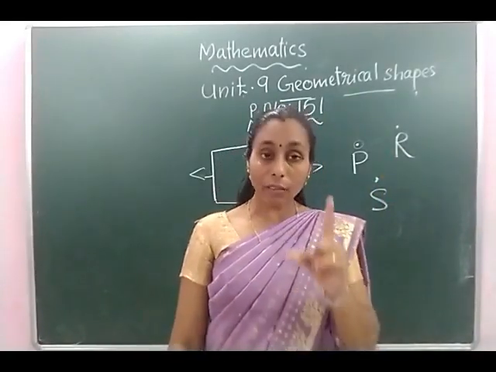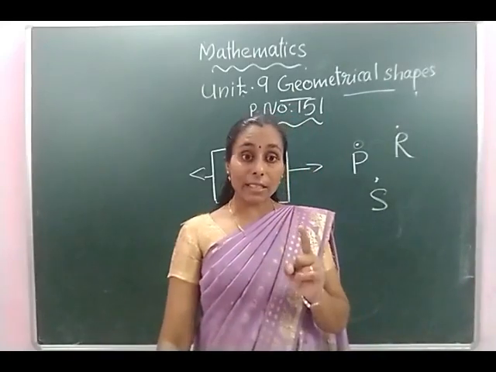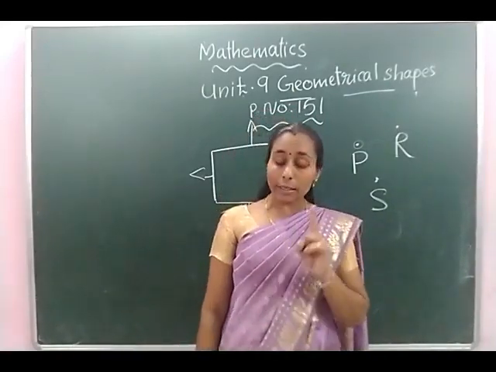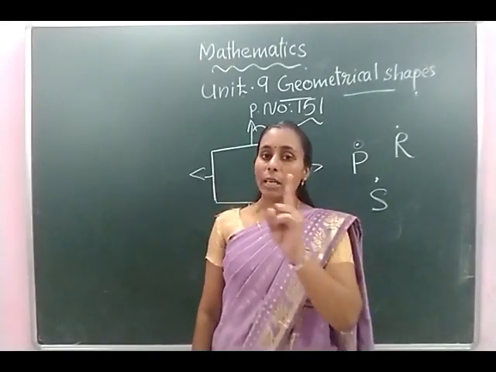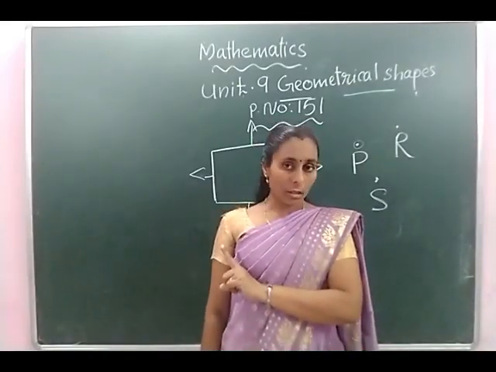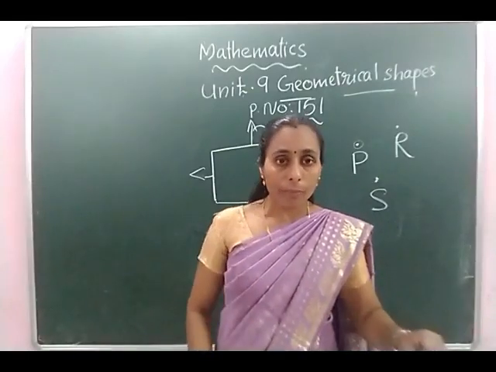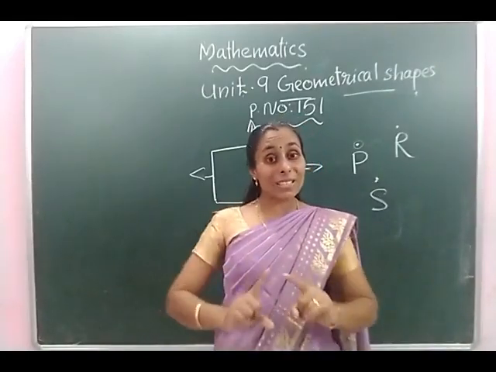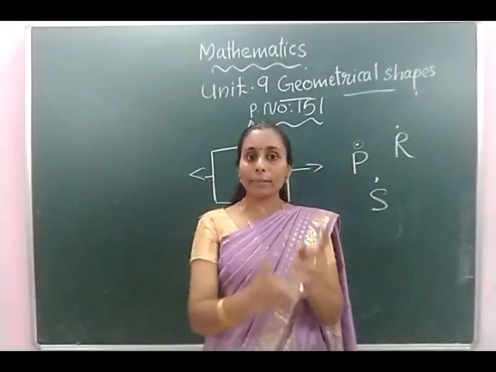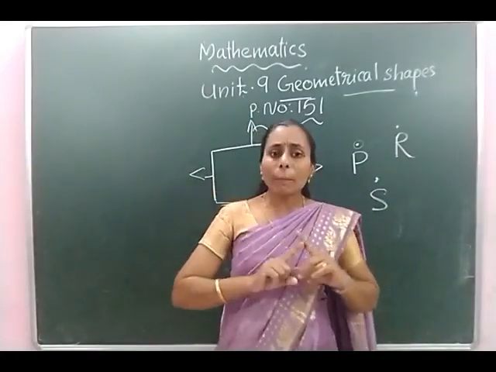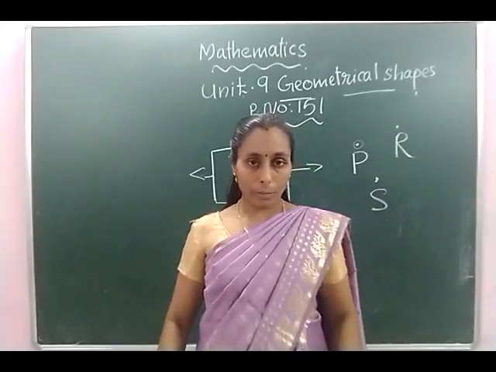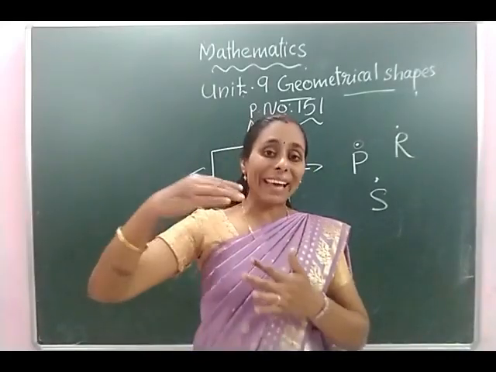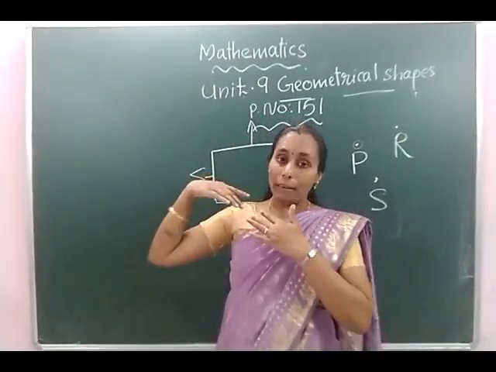Now we have learned what a plane is. A plane is a flat surface which extends endlessly in all directions. Can we measure a plane? No. We can represent a portion of the plane that we can measure, but the plane surface as a whole we cannot measure, because in four directions it is endless.